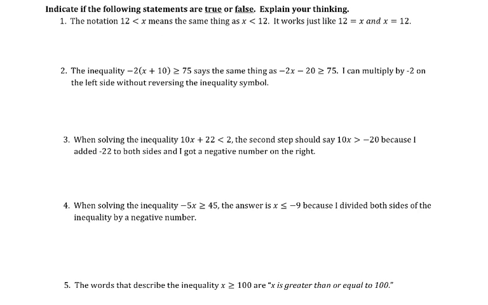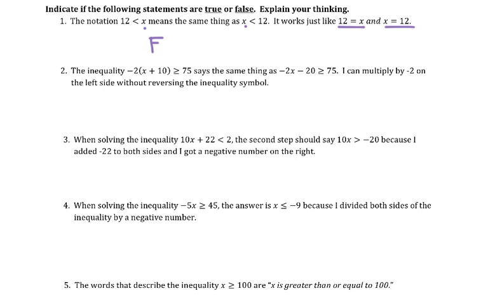Okay, so the notation 12 is less than x means the same thing as x is less than 12, just like 12 is equal to x and x is equal to 12. Is that true or is that false? Well, this means different than this, right?